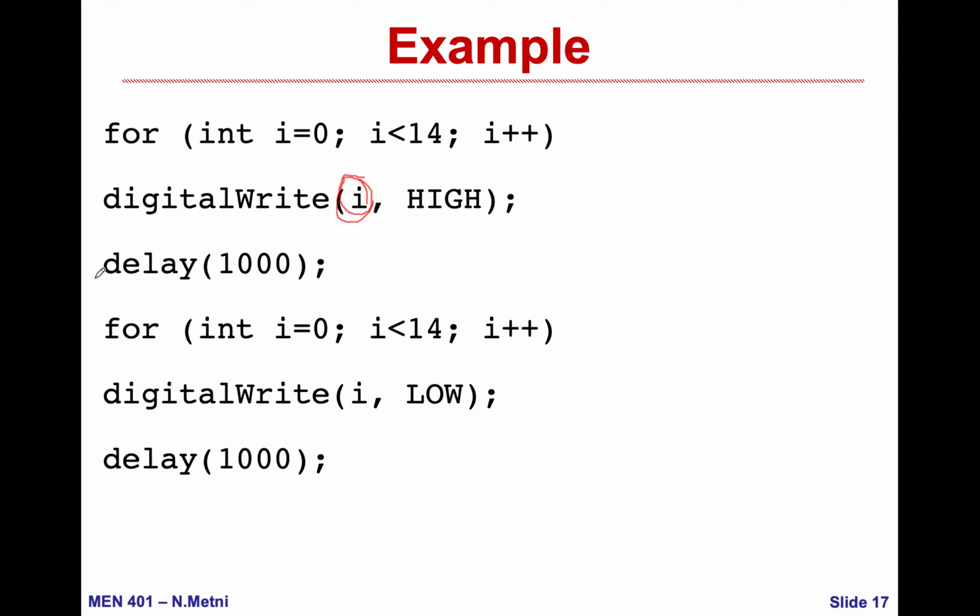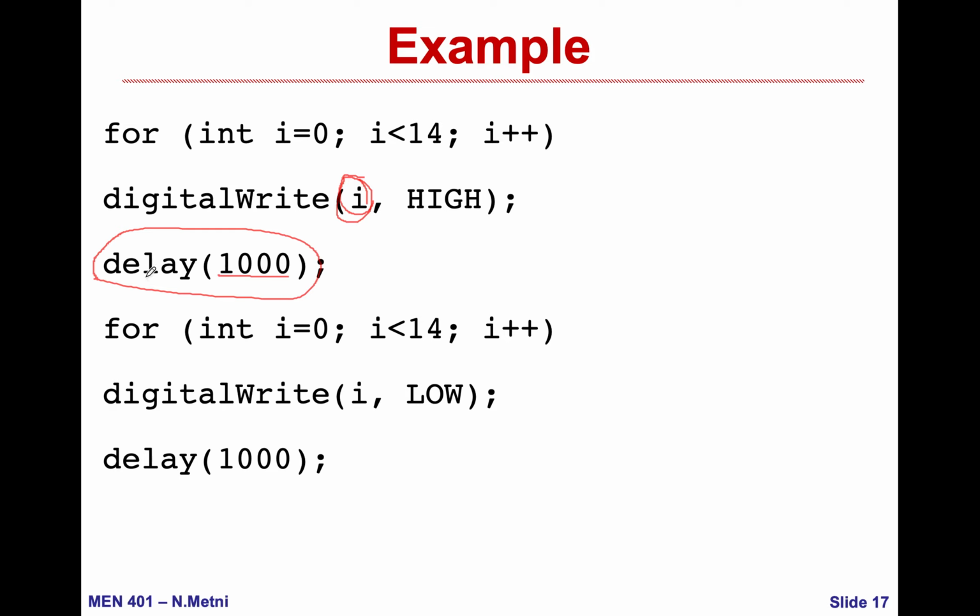And then delay 1000. We'll explain this in more detail, but the delay function takes an input in milliseconds, and the CPU will be kept doing nothing for this delay.